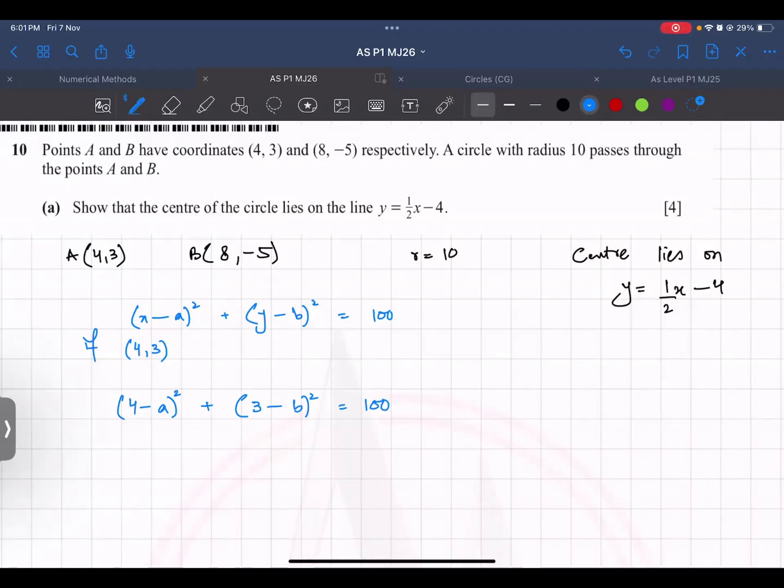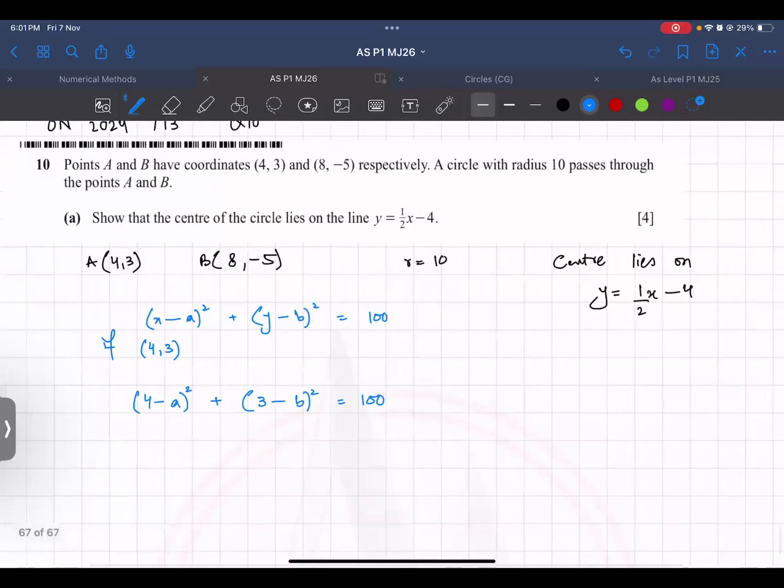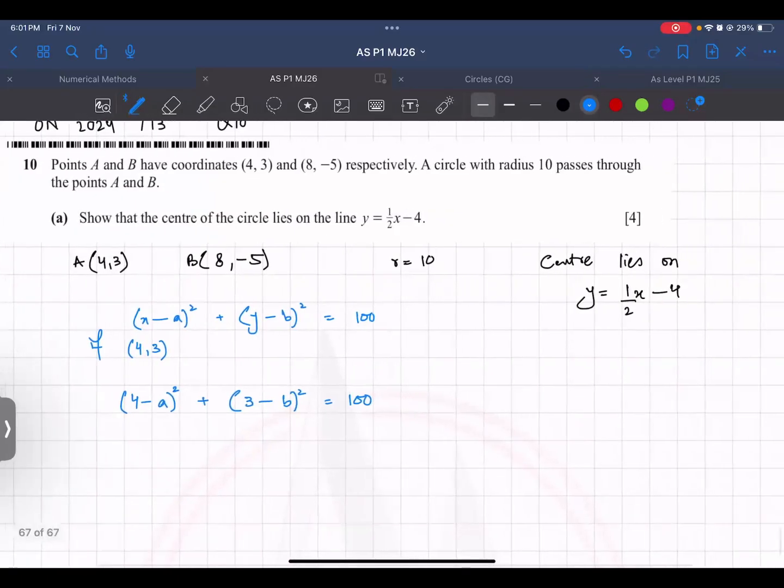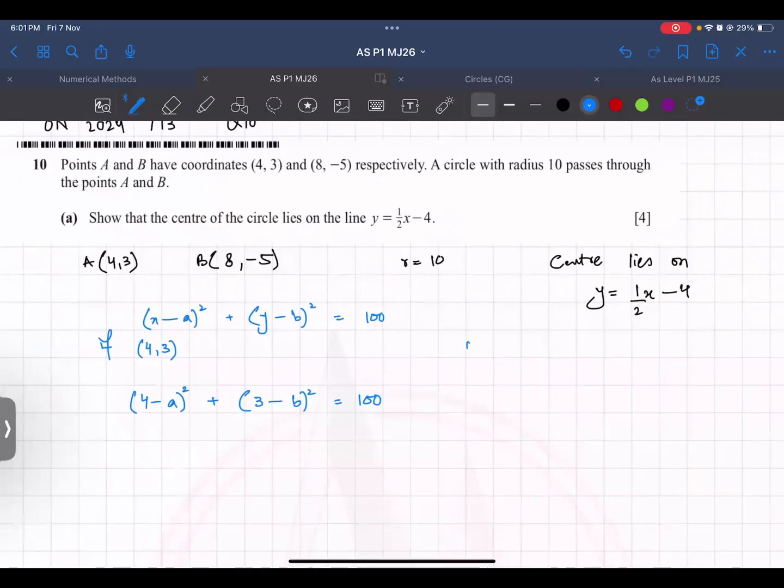Show that the center of the circle lies on this line. If we have (8, -5), then (8 - a)² + (-5 - b)² = 100.